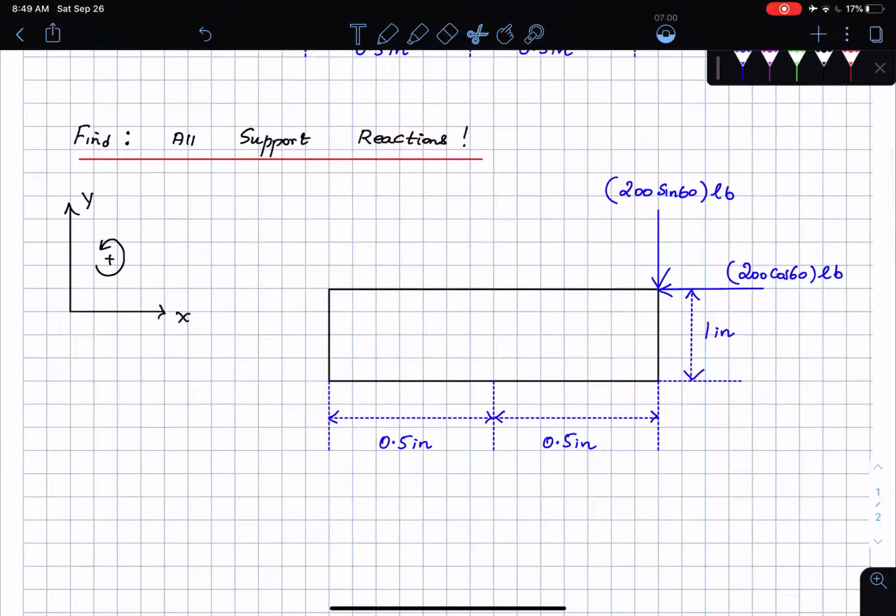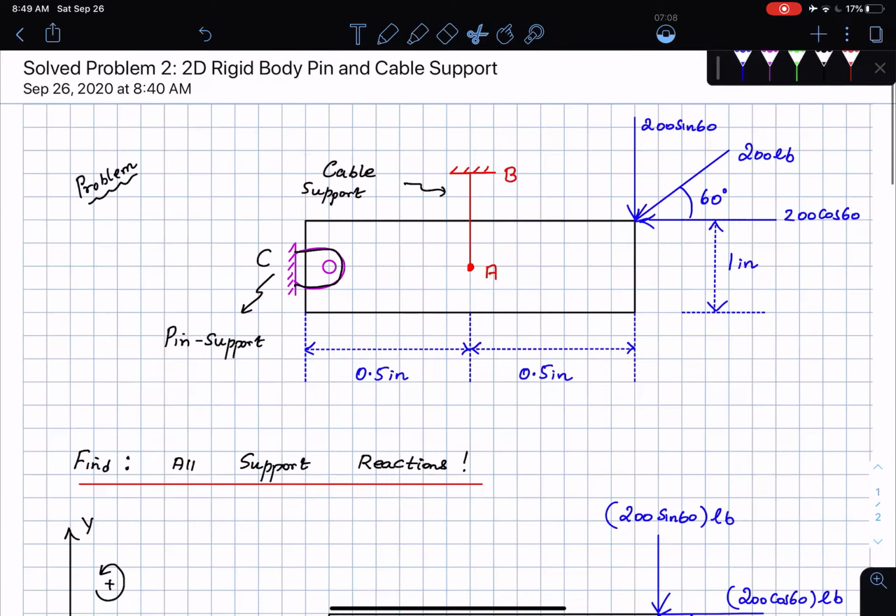Then I start thinking, okay, what does a cable do? Cables are always in tension. Here is the idea. If I cut this cable off, what is the cable trying to do? The cable is trying to prevent this bar from falling down, right? Which means there is going to be a cable tension pointed up.